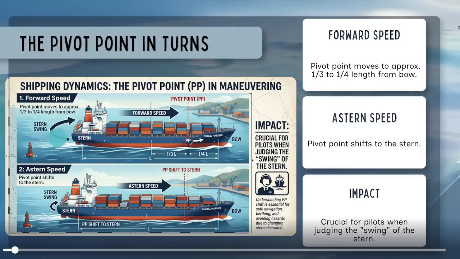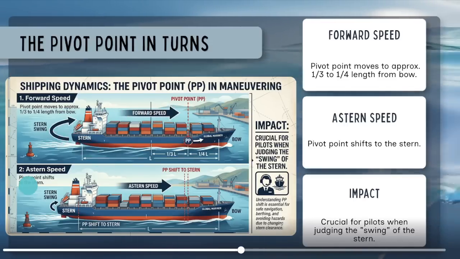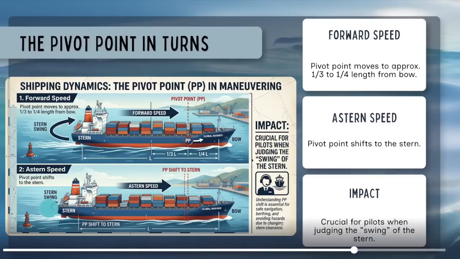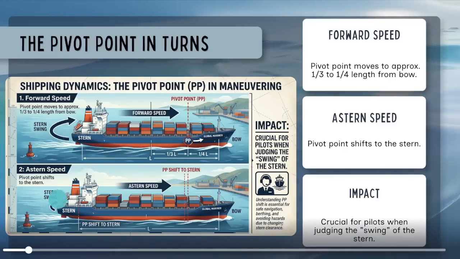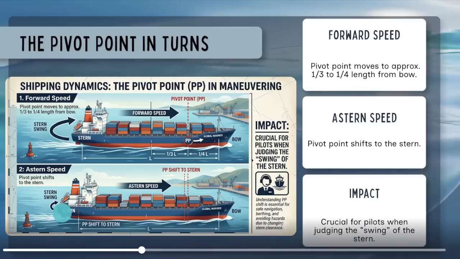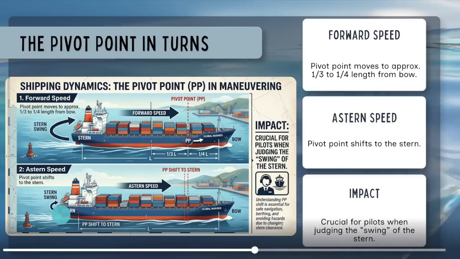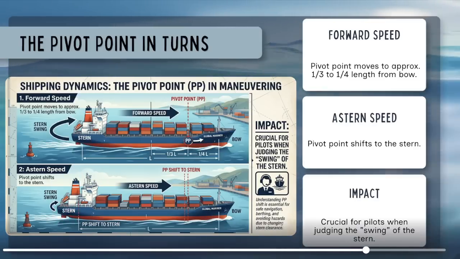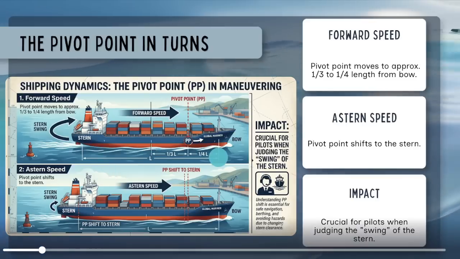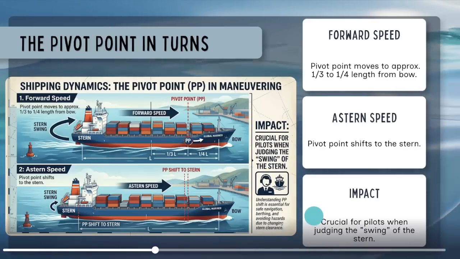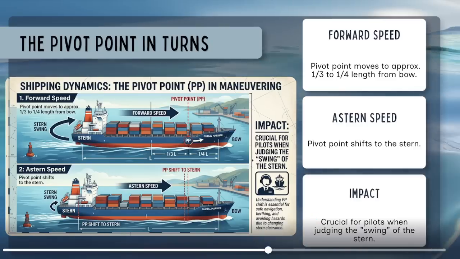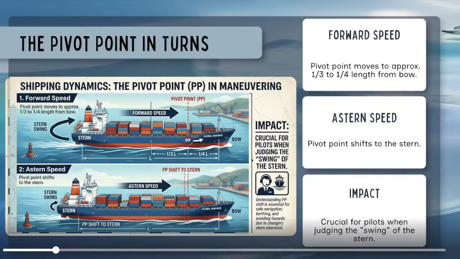While with astern speed, the pivot point shifts to the stern. As a result, the impact of this is very crucial for pilots when judging the swings of the stern.